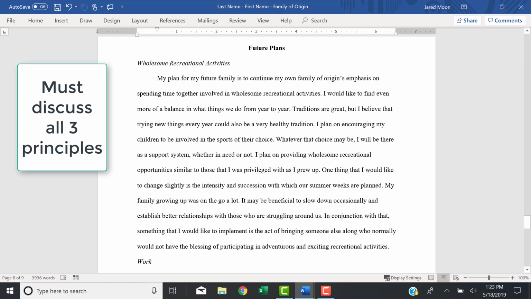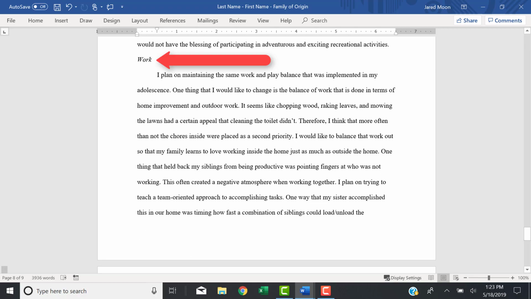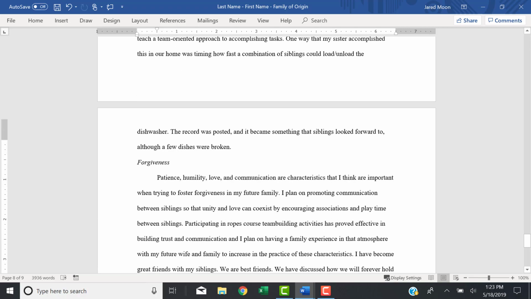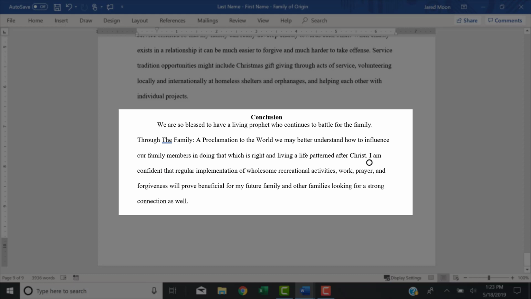This is where they have all three principles coming back, and they make future plans for each of those. They have the first subheading for their principle of wholesome recreational activities, their second one for work, and their third one for forgiveness. And then they conclude with their conclusion, which is about 2 to 3 sentences.